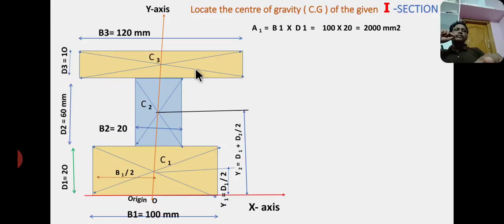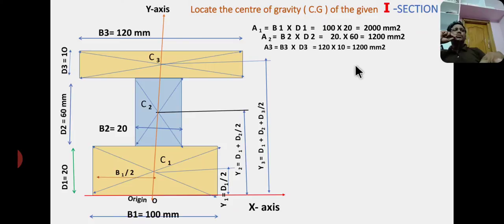C3 is the centroid of the top rectangle at a distance of y3. y3 equal to height of the bottom rectangle plus height of the middle rectangle plus half of the height of the top rectangle. So D1 plus D2 plus D3 by 2. So these are the values to find the individual centroids.